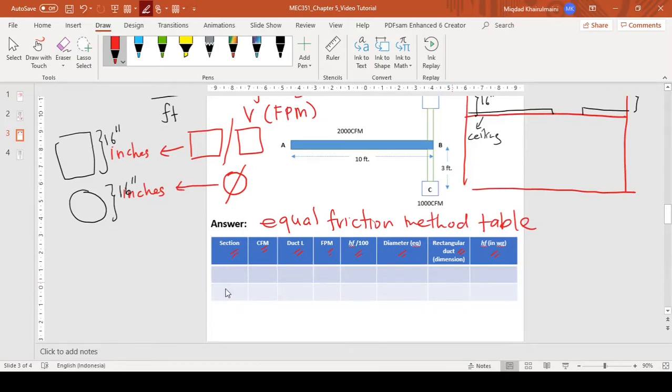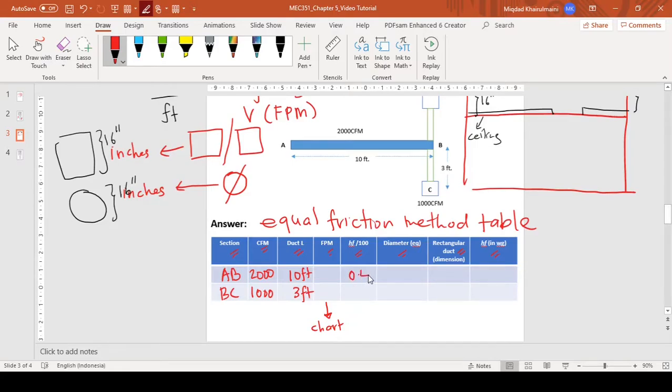So we can fill in A, B and then B, C. For A, B, CFM from the question is 2000. For BC it is 1000. For length, 10 feet, and for BC 3 feet. For FPM, we will read from the chart. And for HF per 100, we know from the question it is 0.4.